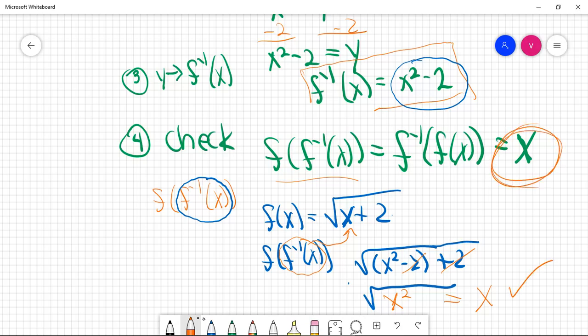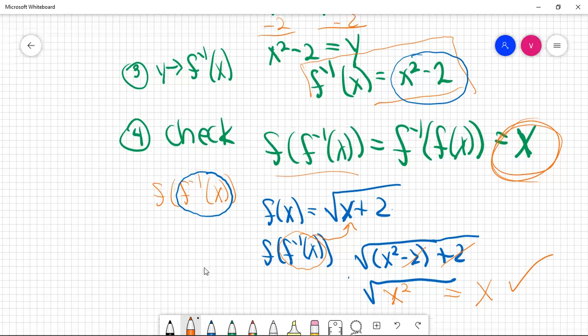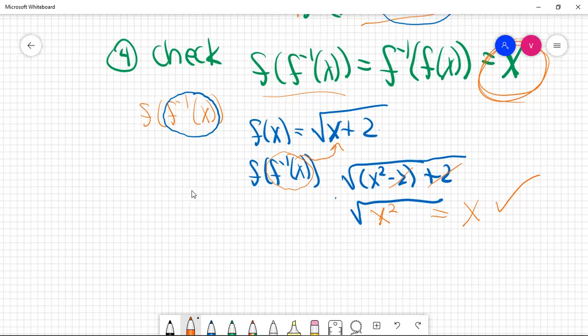Okay, we can do the other way around if you like. We can do f inverse of f of x, just if you don't believe it. So let's try that. f inverse of f of x, which means you're taking f of x and inputting it into f inverse.